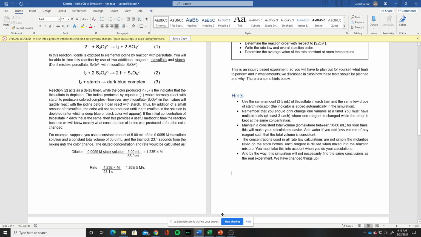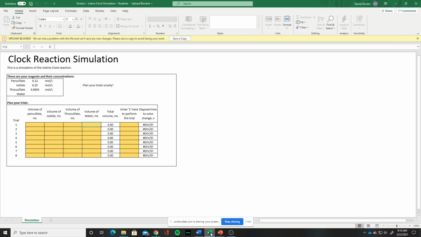Okay. So just to warn you beforehand, the reason why we said you want the same volume each time is because each one of these squares is going to be a dilution equation that you're going to have to work out. Well, I guess not the water. We don't really care what the concentration of the water is. But for these 3, you're going to be working out what those concentrations are.